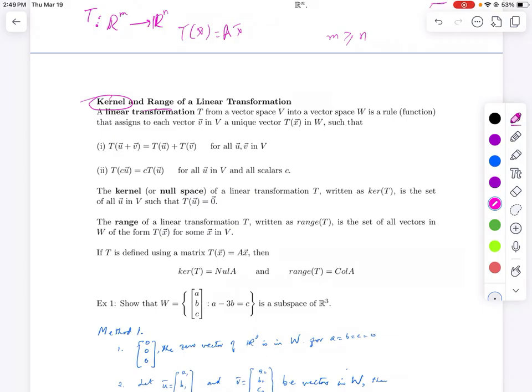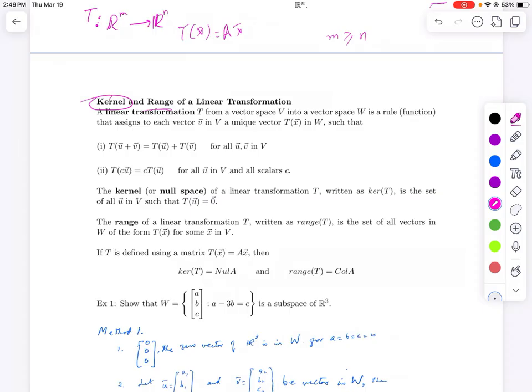The kernel of a linear transformation, written as ker(T), is the set of all u in the vector space V such that T of u is equal to 0. So all the vectors in V that are mapped onto the 0 vector of W are in the kernel of that transformation.